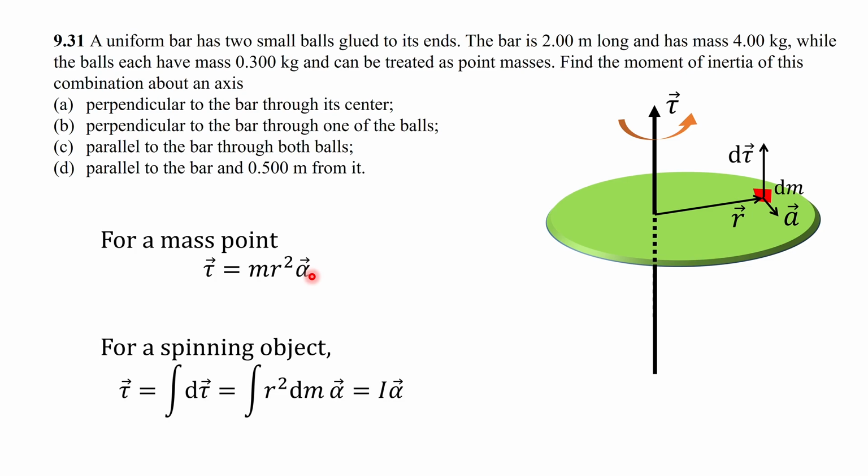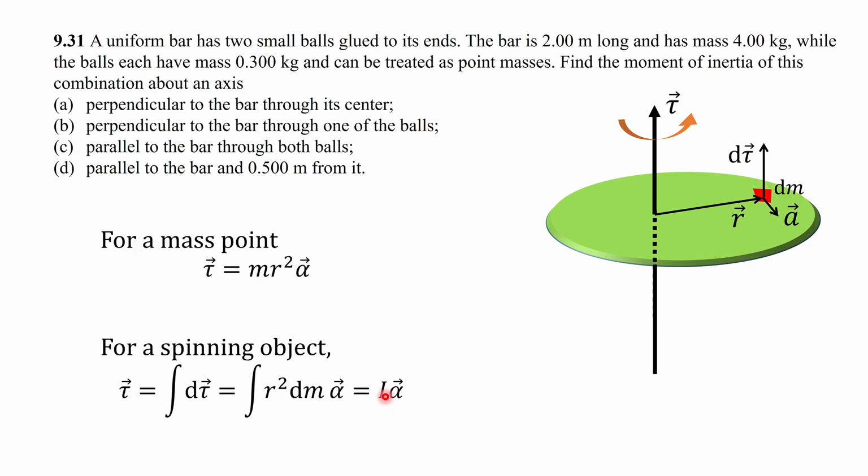So if we want to know the total torque of this object, then I just sum all the torques made by each point mass. So I do the integral. I integrate all the torques, and each torque is equal to the radius squared and the small mass times the angular acceleration. Then the left part, this part, is defined as the moment of inertia. So we know the definition of the moment of inertia.